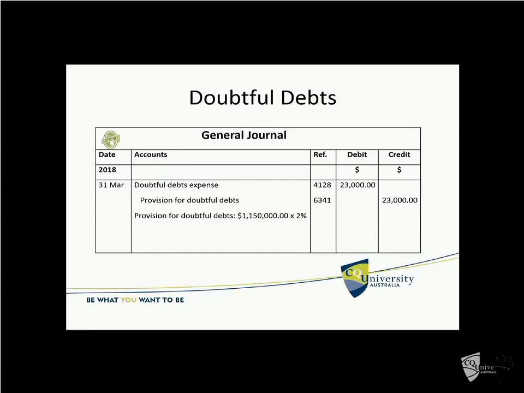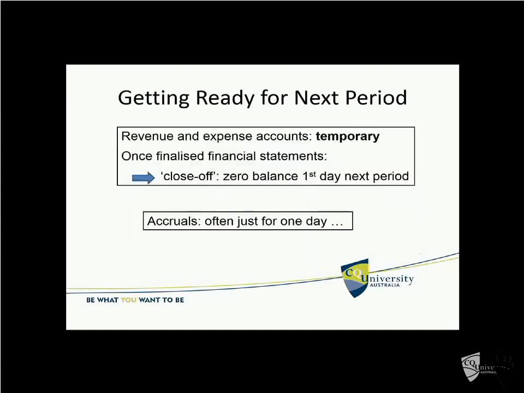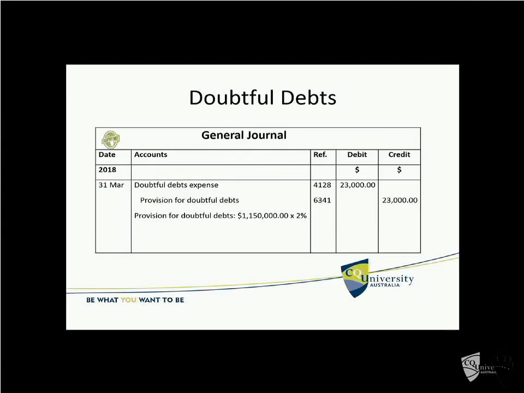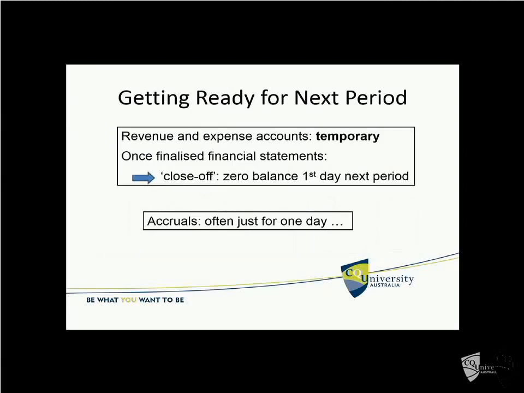We'll be looking at liabilities and provisions later on in the term. So we can have a look at our accounts receivable and do some entries for bad debts or doubtful debts, and so we can get our accounts in shape for the end of the period.